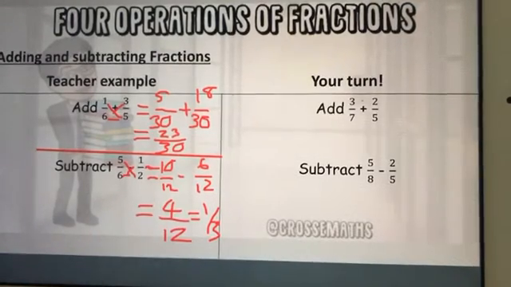Okay, guys, what I'd like you to do, get those examples down for me and have a go at the 2 questions over on the right-hand side.